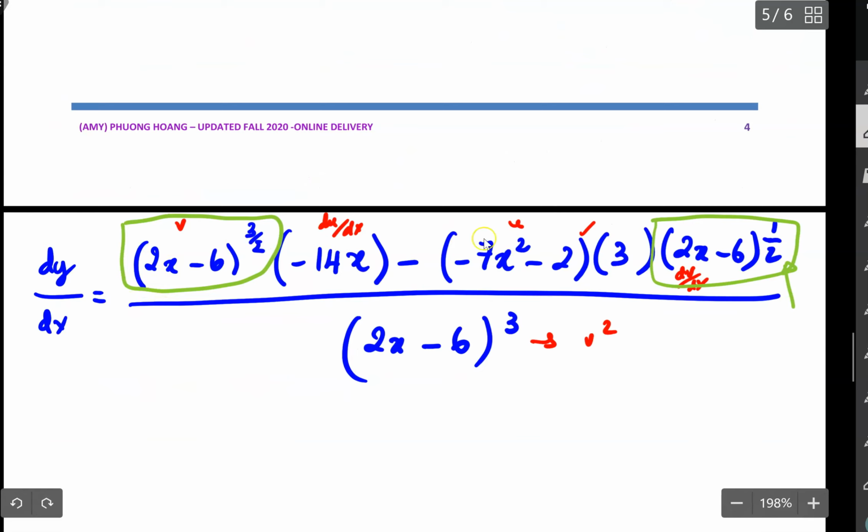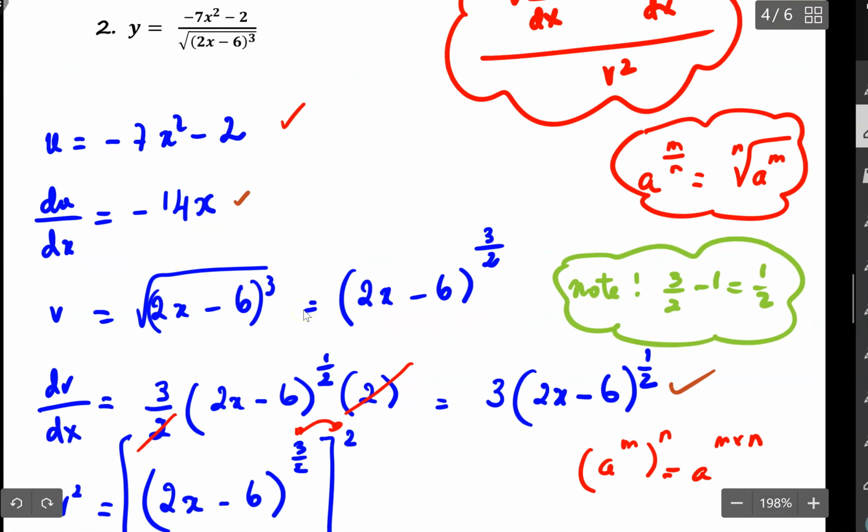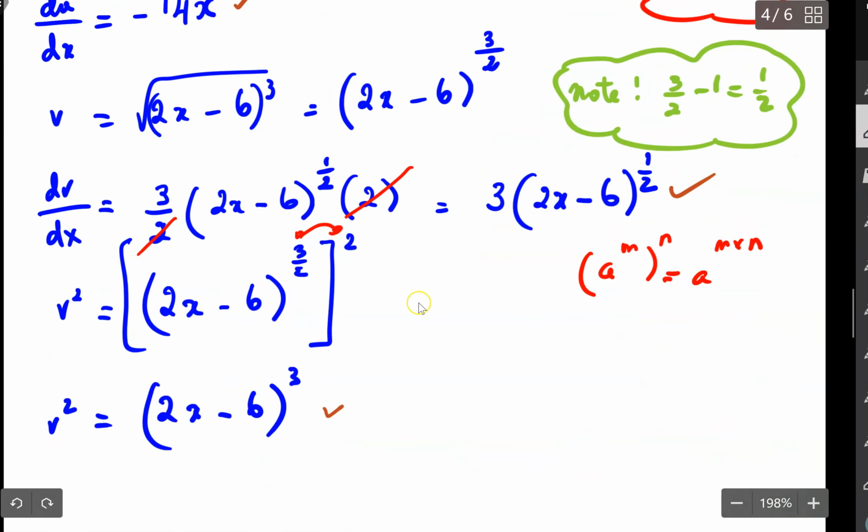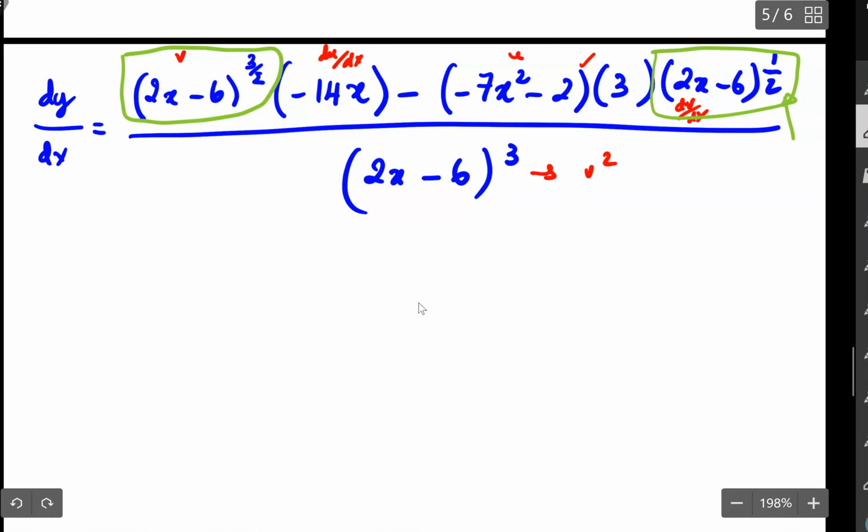When we substitute into this equation, because you are using the quotient rule, to simplify this expression and express your final answer as fully simplified with positive exponents only would actually not be complicated. Okay, so let me get started here.